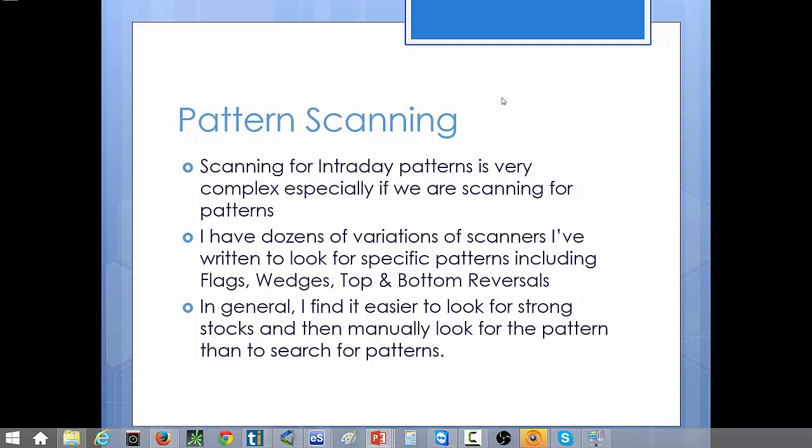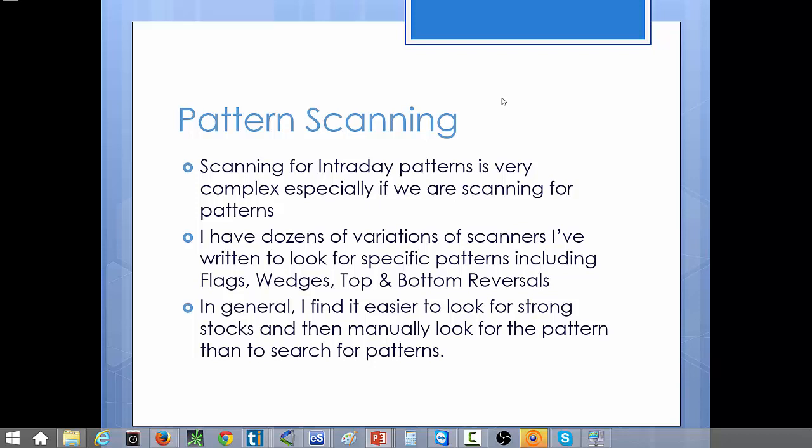These can form patterns, but because they're derivatives, because their price action is derived from the price action of something else, we can't really trade the breakouts on those derivatives because people aren't going to buy them up for the breakout. They're buying them because of something that's happening somewhere else. And I know that's a little abstract, but the point is we want to focus on the hot stocks.